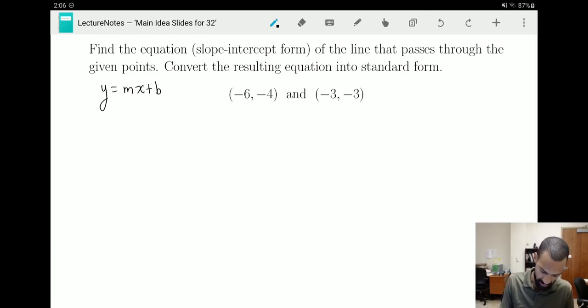So usually our first step will be to find m. Find the slope. Remember, you have a slope formula. Okay, just think back. y2 minus y1 divided by x2 minus x1.